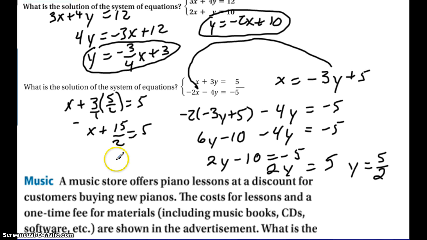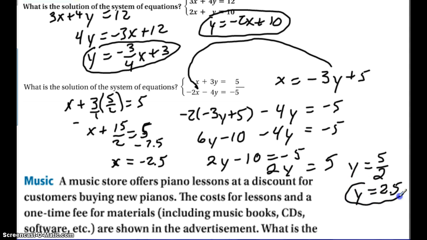And then subtract 15 halves from both sides. Well, if you think about this, this is really 7.5. So you're really going to be subtracting 7.5 from both sides, if you convert that to decimal. And you're going to have negative 2.5. And this could actually be called positive 2.5.